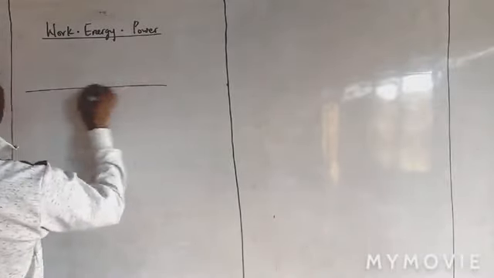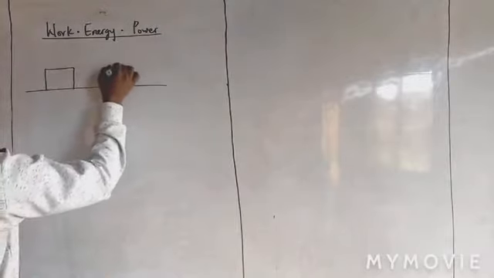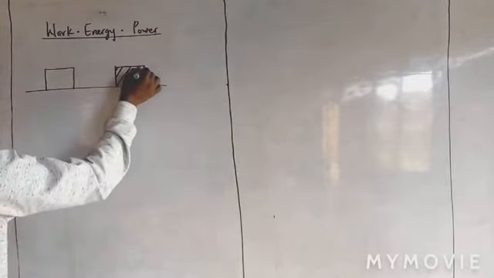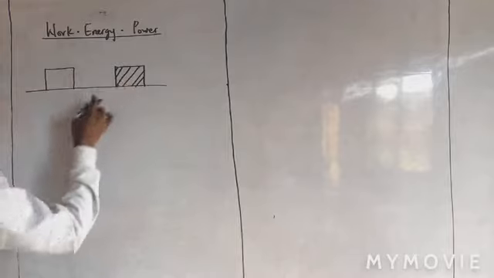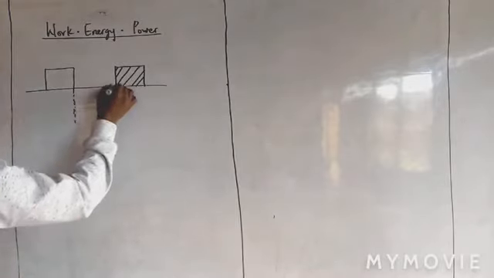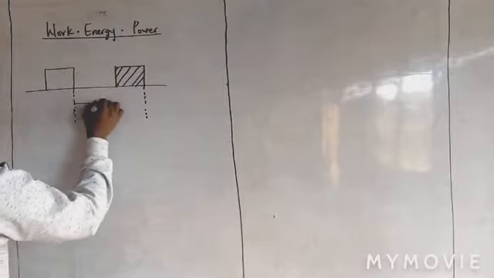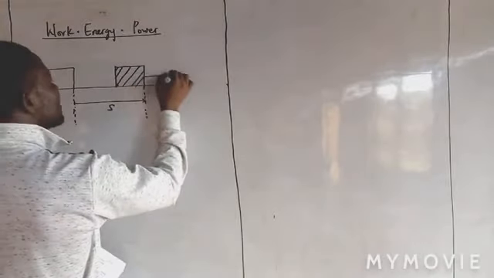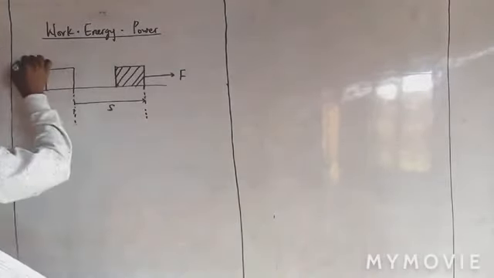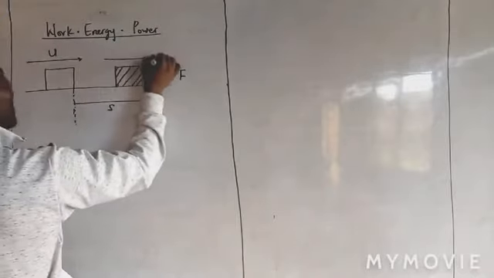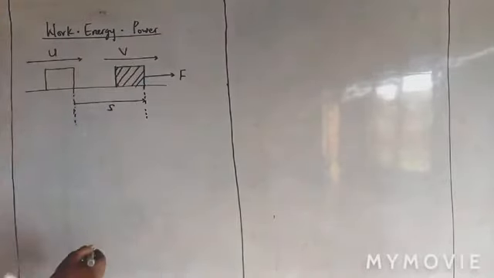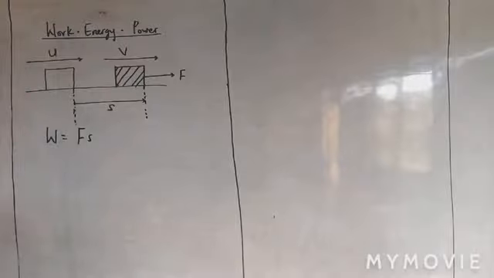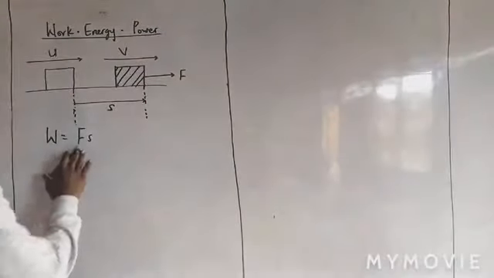If a body moves from here to here, and let me shade this part to show that movement has been done, the distance covered is S, like I said in my previous video, and this is the applied force F. The initial speed of the body is given here, the final speed is given here, and we then say that work is equal to Fs. That's the definition of work.